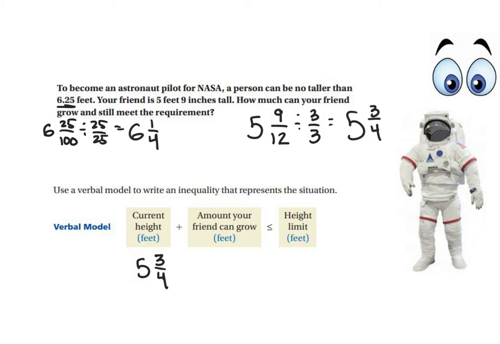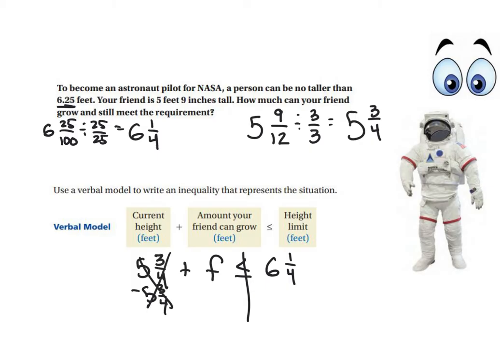So our current height is 5 3/4 plus the amount that we can grow, F, is less than or equal to 6 1/4. So we can take away 5 3/4.